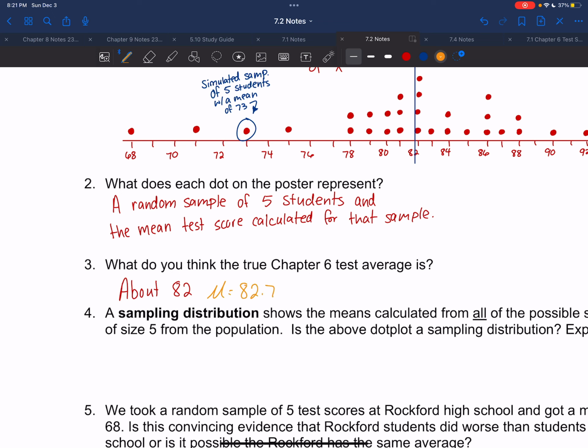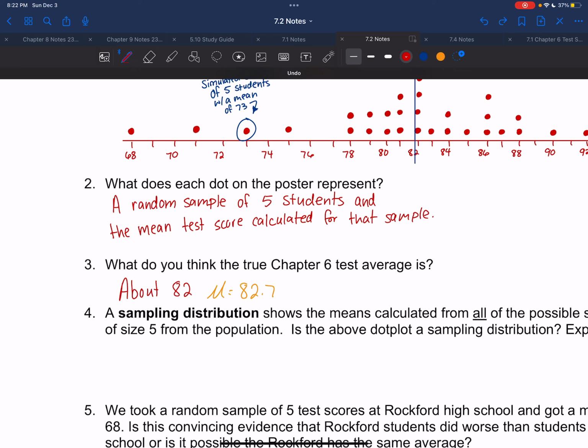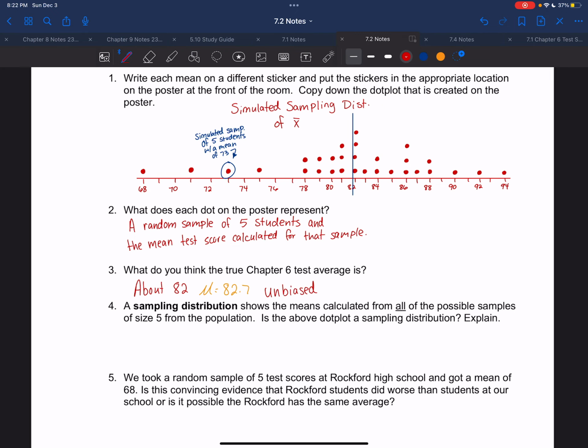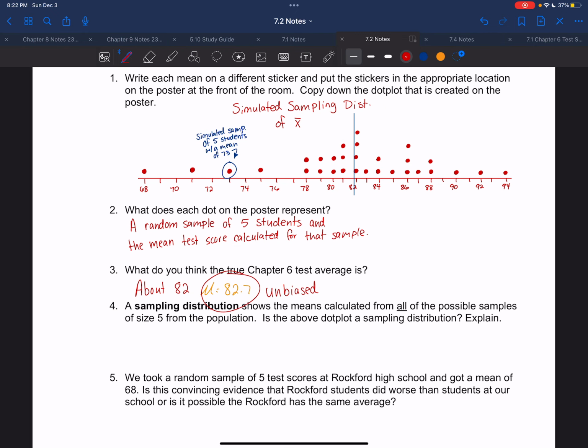Okay, so they're not exactly the same, but they are close enough that it's an unbiased estimator. Typically, if we took a larger sample size, we might have had a more accurate number here, but because they're so close, I would consider this unbiased. Okay, because it's an accurate representation of that population mean.